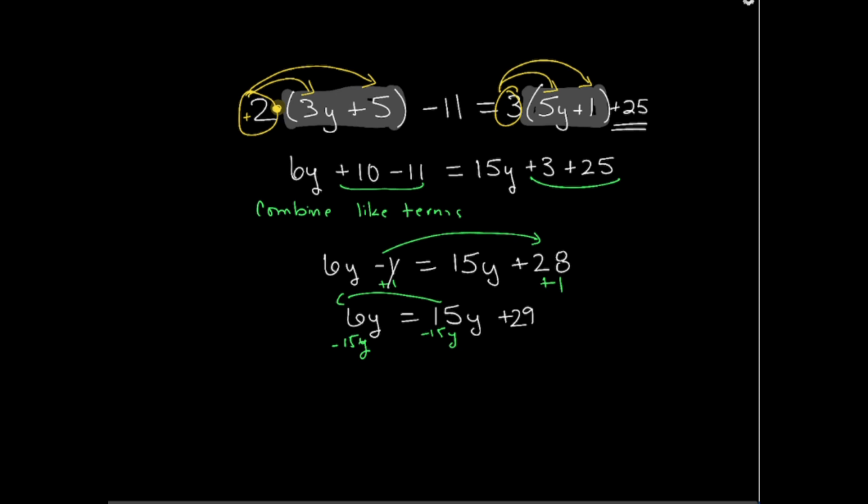And that gives me a negative 9y is equal to a positive 29. And now my very last step is to divide both sides by negative 9, leaving me with y is equal to 29 over 9, and my answer is negative.